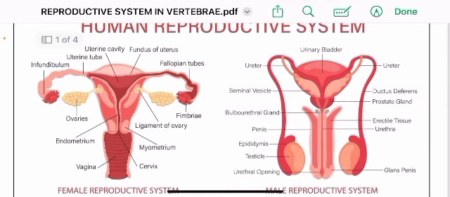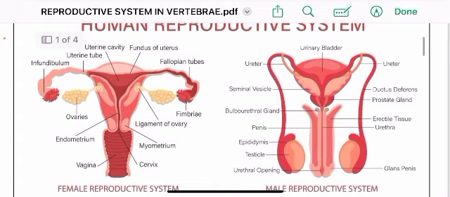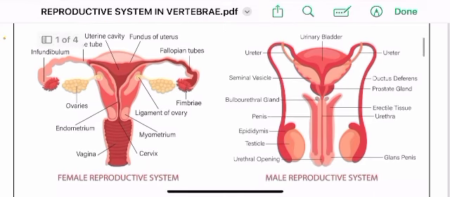Now on the screen, we are seeing the female reproductive system and the male reproductive system. To see this effectively, you can rotate your screen. Put your screen on auto rotate so you can see this in horizontal format.